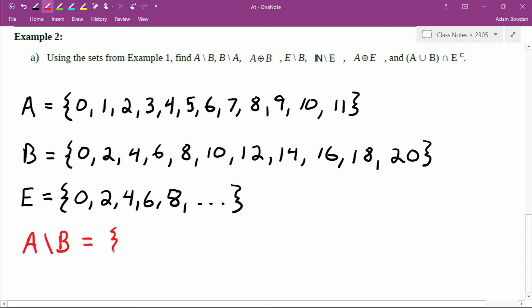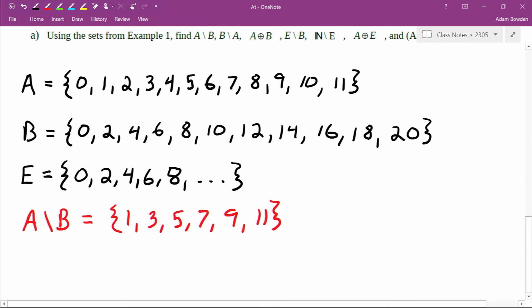The elements in B that would get taken out of A would be the 0, the 2, the 4, the 6, the 8, and the 10. So A relative complement with B would contain the elements 1, 3, 5, 7, 9, and 11.